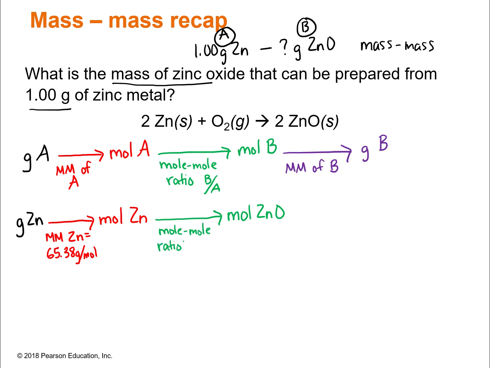For that, we need a ratio of B over A, which is zinc oxide over zinc, directly from the chemical equation. We convert those moles to grams using the molar mass of zinc oxide. So that's our plan for solving this. How are we doing so far? Is this ringing a bell? Does it look familiar?